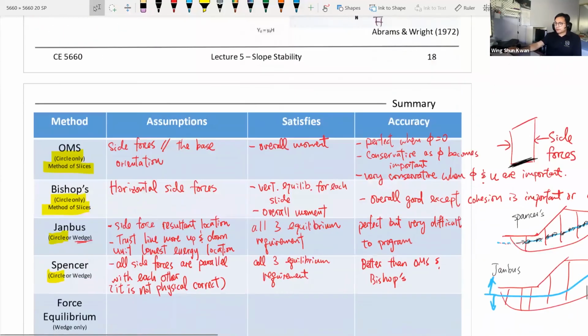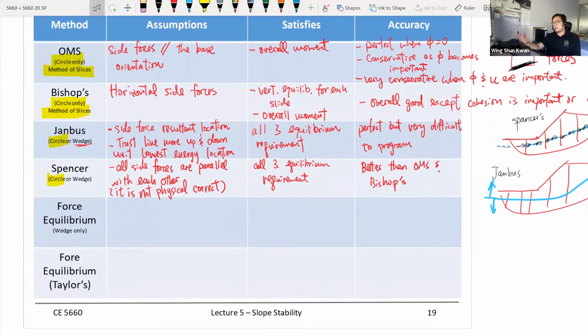So those methods are the common ones, and in your computer program, SLOPE/W, they also have the Morgenstern-Price method, which is their default method. You can look it up on the internet or in any textbook or the manual, and you will find what kind of assumptions they have.